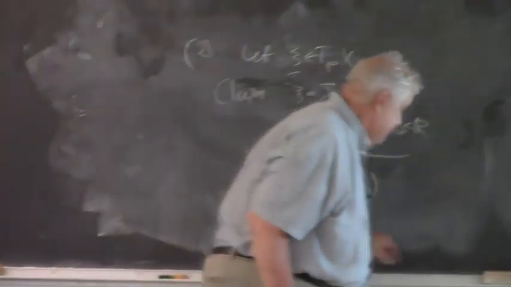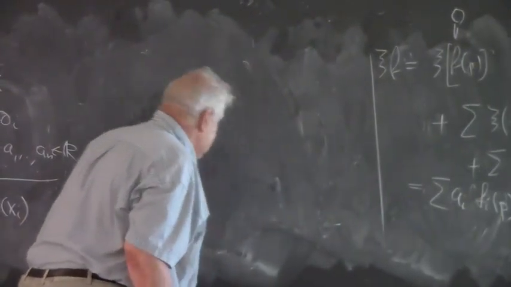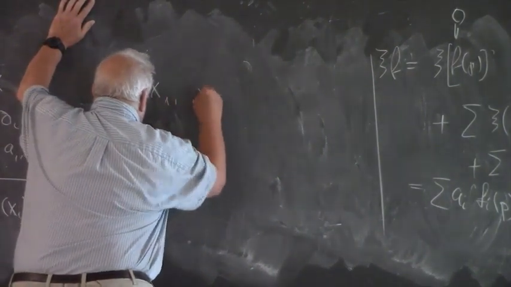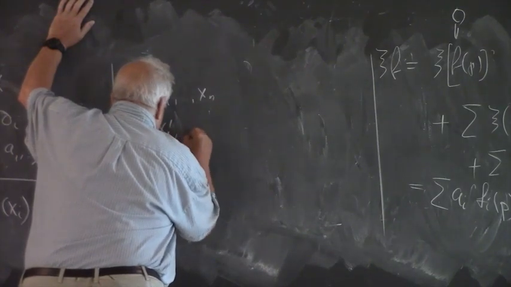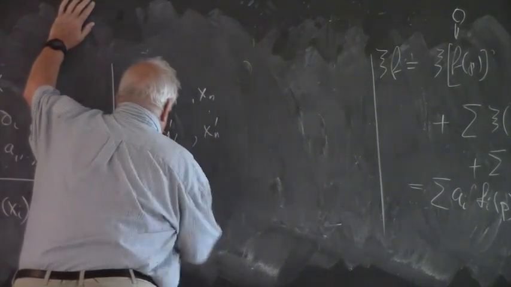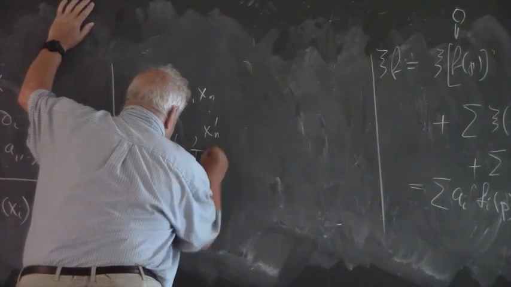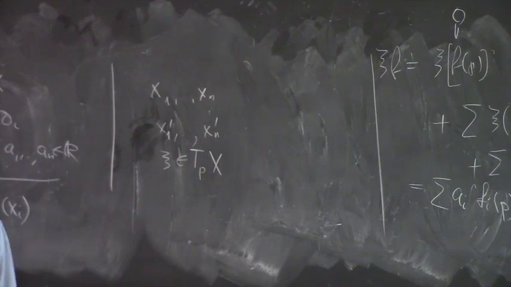But it's very simple. Suppose that we have local coordinates x1, ..., xn, and local coordinates x1 prime, ..., xn prime. Xi is a tangent vector at a point within the domain of both local coordinate systems.